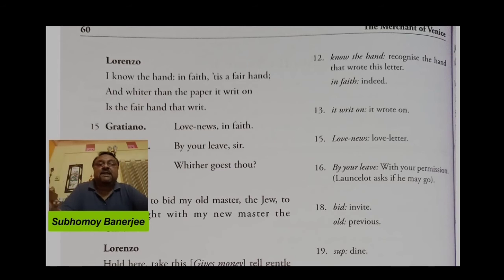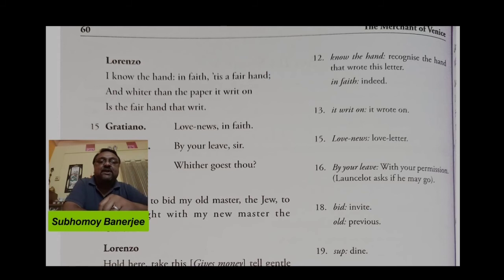And I know who has written this letter. "And whiter than the paper it writ on is the fair hand that writ." So this paper on which this letter has been written is not as white as the hand with which this letter was written. That means Jessica's complexion, she has a very fair complexion.